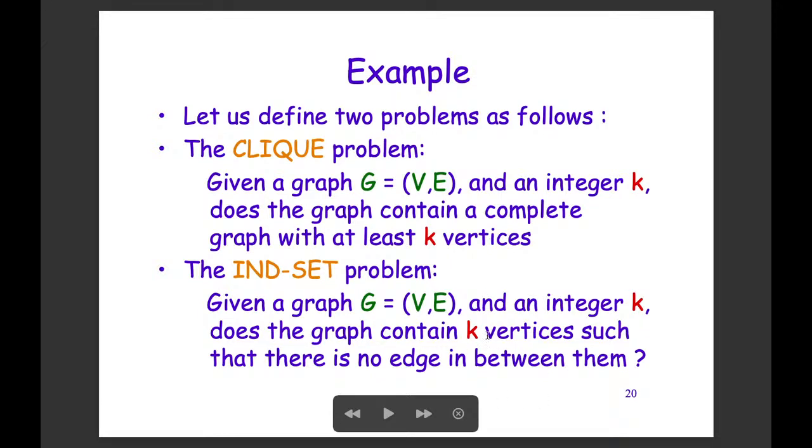So what we can do here is that we are given a graph G, we construct another graph. This graph is the complement graph of G, so that in the new graph, whenever there is an edge in G, there will be no edge, and whenever there is no edge in G, there will be an edge.